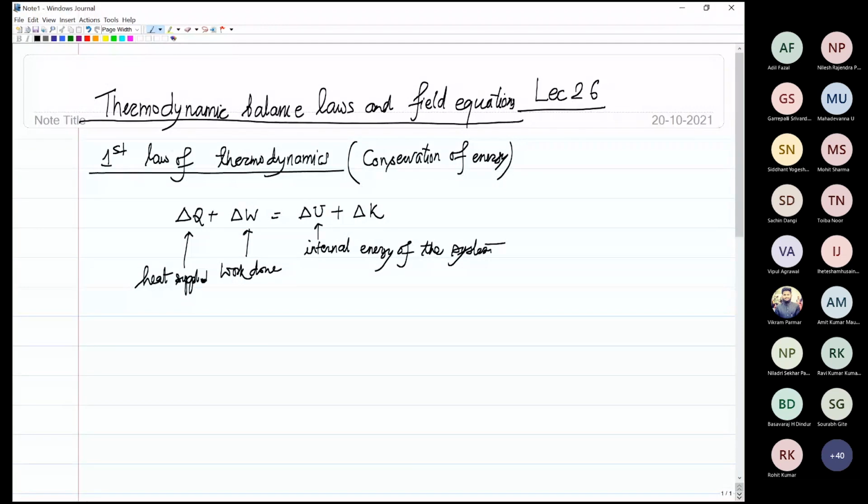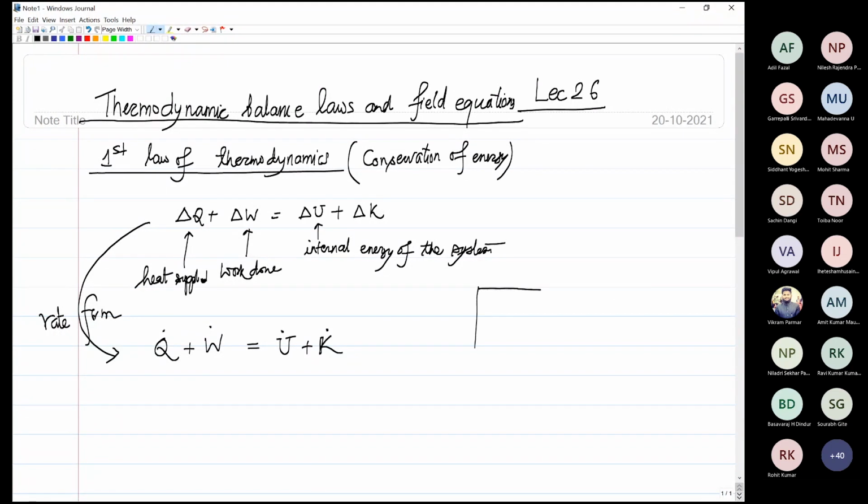This is the first law of thermodynamics in its rate form: Q dot plus W dot is equal to U dot plus K dot. That's the first law of thermodynamics.